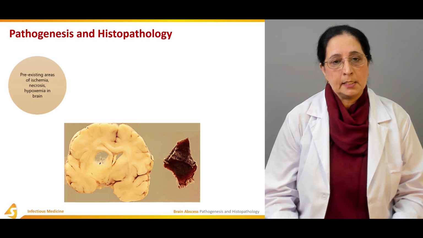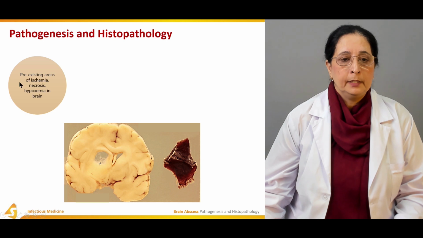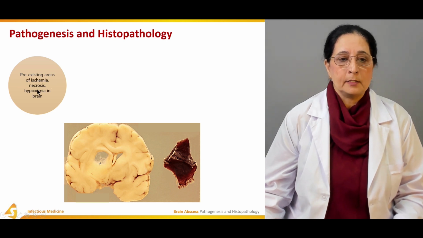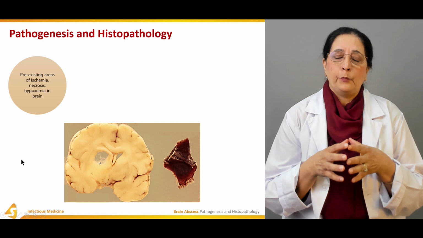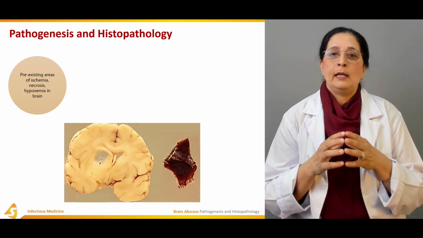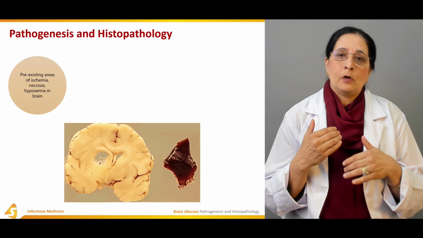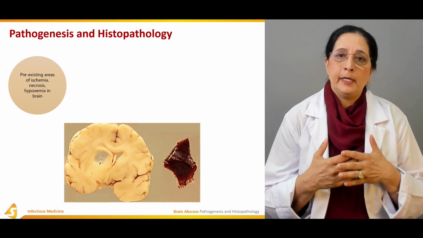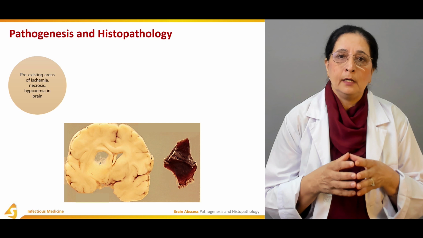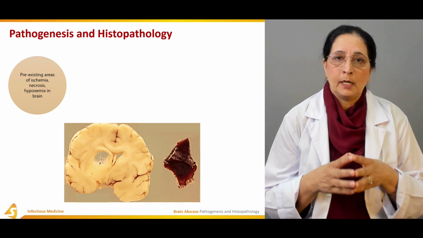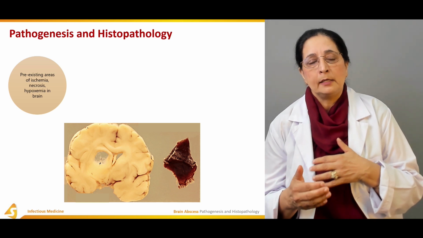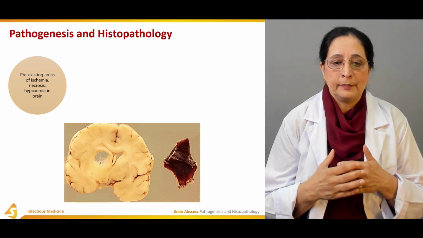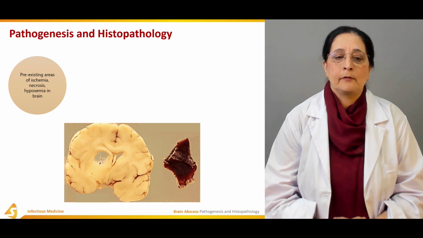Pathogenesis and histopathology: there are pre-existing areas of ischemia, necrosis, and hypoxemia in the brain. A very important point is that in patients who develop brain abscess, there is already an area of ischemia in the brain, decreased supply of blood and oxygen, and as a result there is necrosis, or death of the tissue, and decreased oxygen.